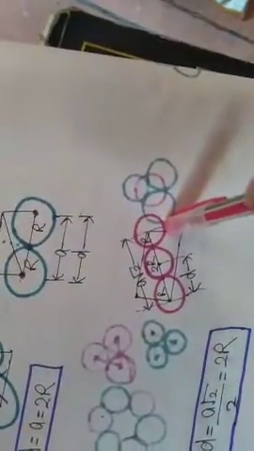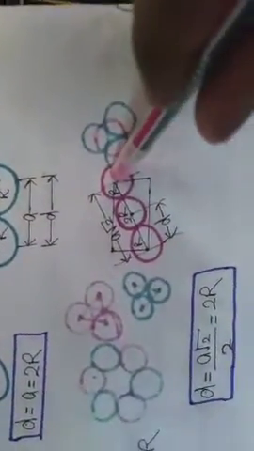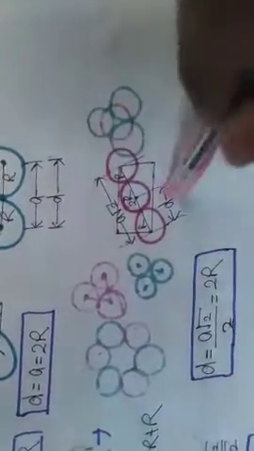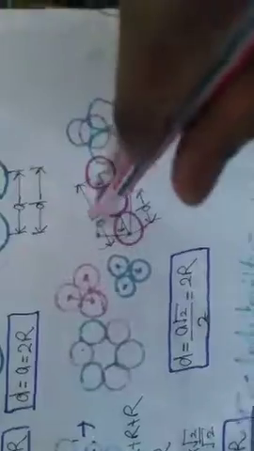For the FCC cell, three spheres are present along the face diagonal, and we already know the face diagonal value is a root 2. That is a whole sphere in between and a half sphere at the two corners.